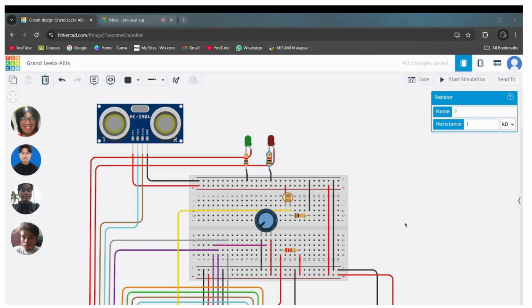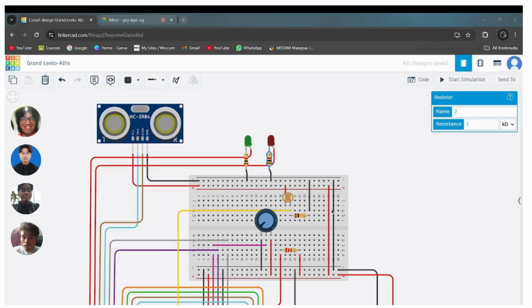The LEDs are connected in series, and the negative leg of the LED is connected to ground. The one connected between the LEDs is the positive leg.